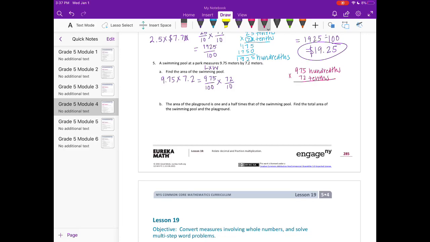Multiply it out. 2 times 5 is 10. 2 times 7 is 14, plus 1 is 15. 2 times 9 is 18, plus 1 is 19. Erase my ones.